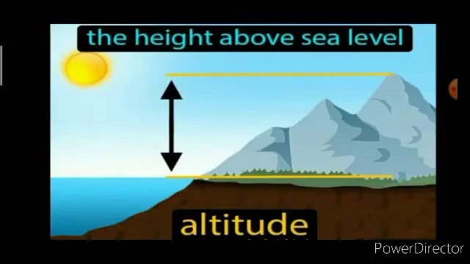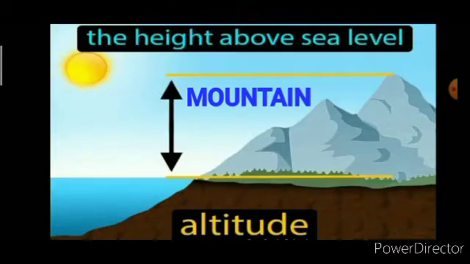Children, mountains and plateaus both are elevated landforms. So what is the difference between a mountain and a plateau? A mountain is an elevation with steep slopes, whereas a plateau is an elevated plain.